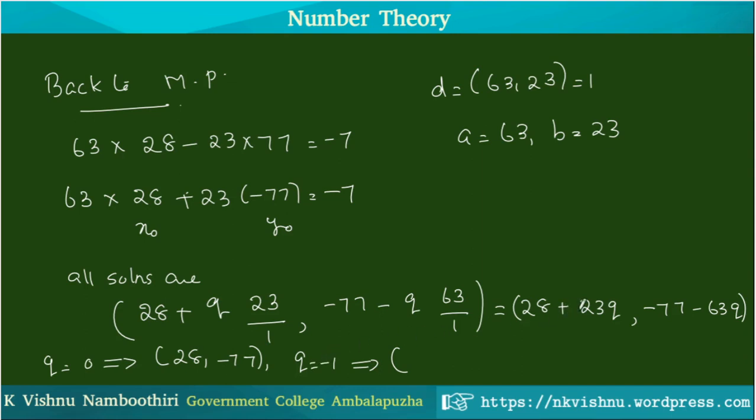So to get something less than 28, we need to subtract q. So q equal to minus 1, so this is going to be equal to 5. Therefore, minus 77 plus 63 is minus 14. Remember that here we had minus 23, therefore we get exactly the same solution that we obtained in the trial and error case.